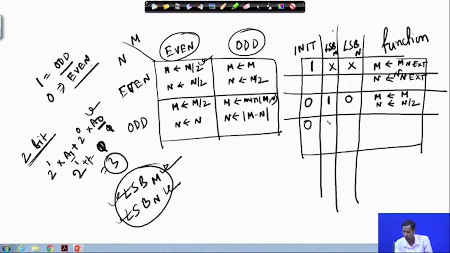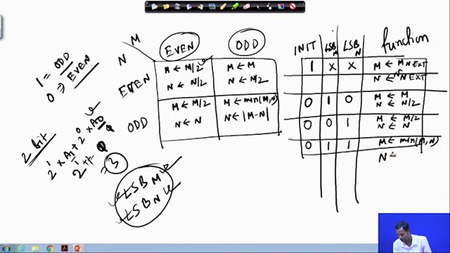Then again, this is 0 and 1: m equals m by 2, n equals n. And for the 1, 1 case, m equals the minimum of m and n and n equals the mod of m minus n.